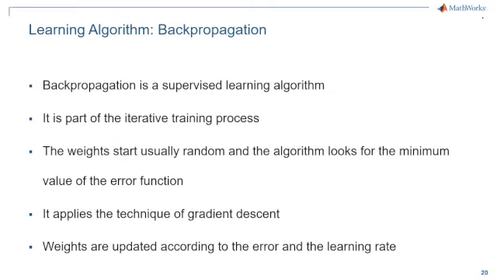While designing the neural network, in the beginning, we initialize weights with some random values. We'll see more about how gradient descent works and how the weights are updated according to the error, also called the learning rate.